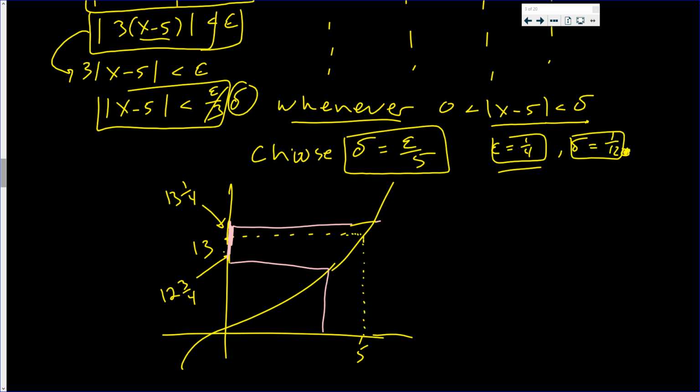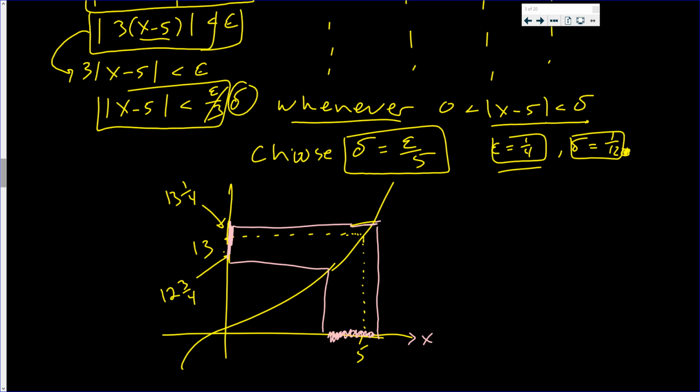If you take f of these numbers, I guarantee you that you'll be in between 12 and 3/4 and 13 and 1/4.